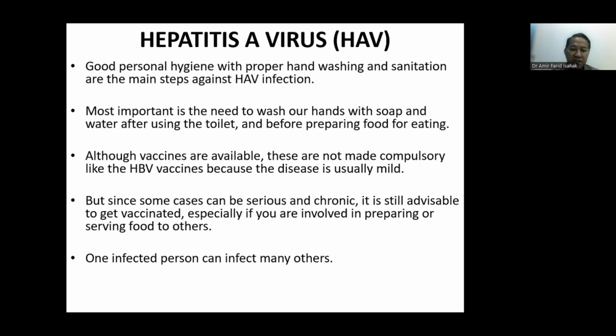But since some cases can be serious and chronic, it is still advisable to get vaccinated, especially if you are involved in preparing or serving food to others, okay? Most of the people who work in the food industry should get vaccinated against hepatitis A as well as hepatitis B, because one infected person can infect many, many others, right? When you contaminate the food or the water that you're handling, if you're infected, everybody else that consumes that is going to get infected.